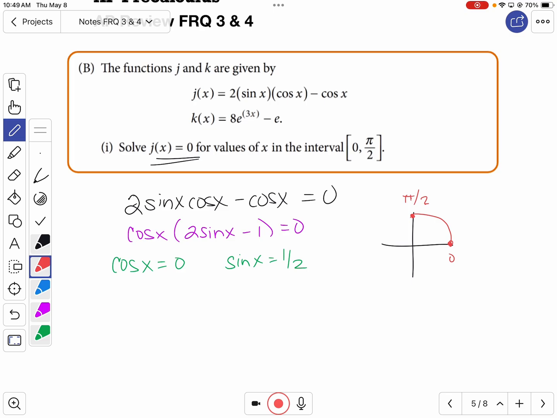Where in that little section is cosine equal to 0? At pi over 2. And where is the sine equal to positive 1/2? Pi over 6. And those were my two solutions.